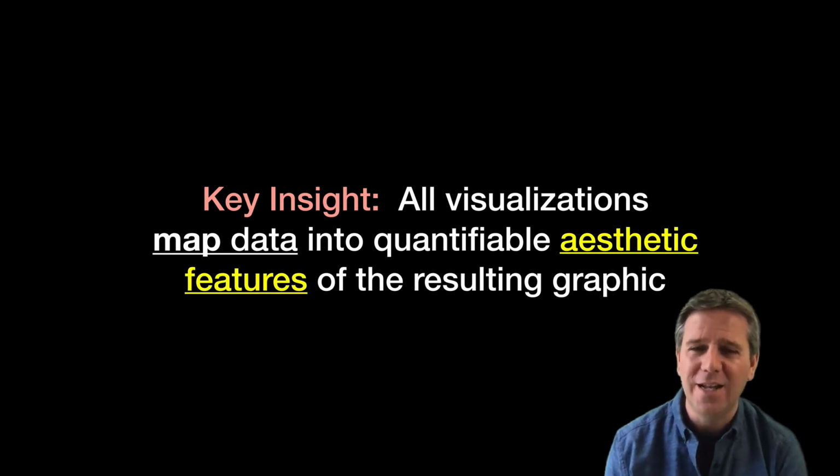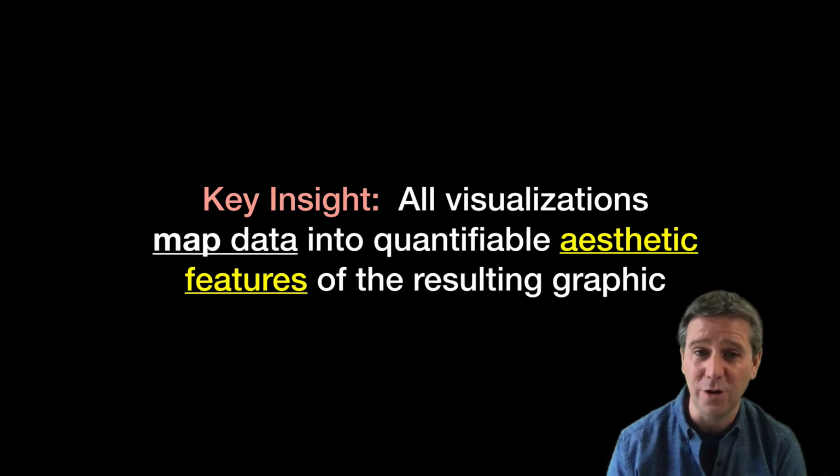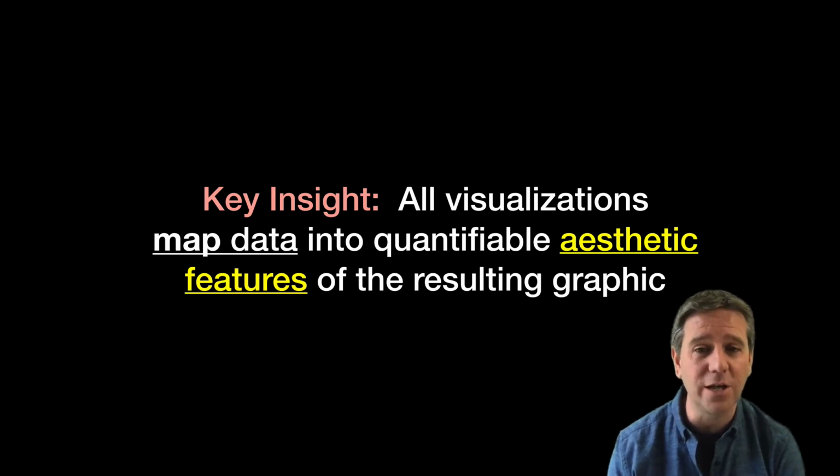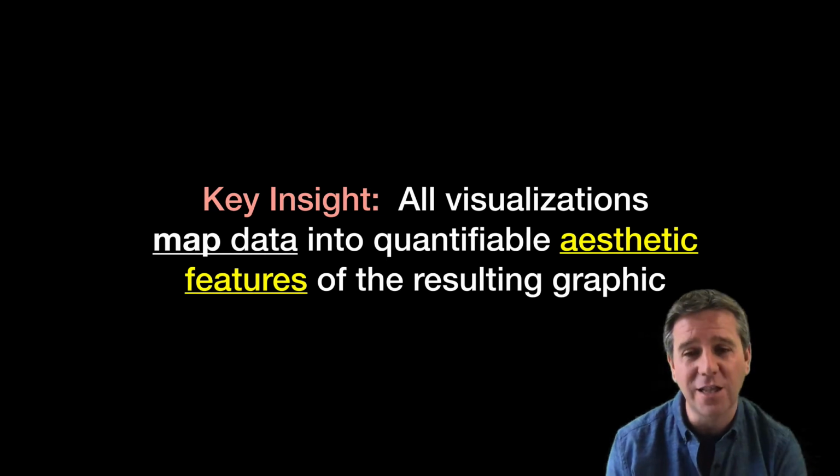Now this seems like a bit of a mouthful, and without context, without reading these books, it's a little bit abstract. So what does it boil down to? Well, it boils down to taking our data, that's our input, and columns from that data typically, that's the information we're interested in conveying, and mapping them or representing them as things we can see, as these things called aesthetic features. So what are these things we can see? What are these aesthetic features?